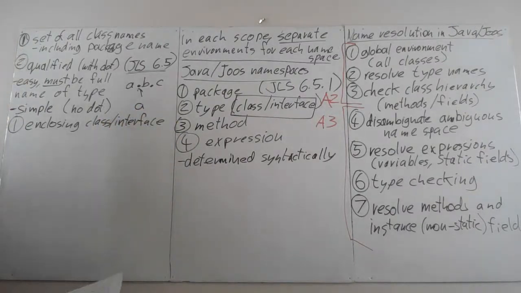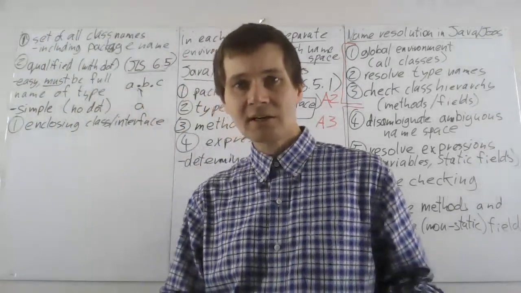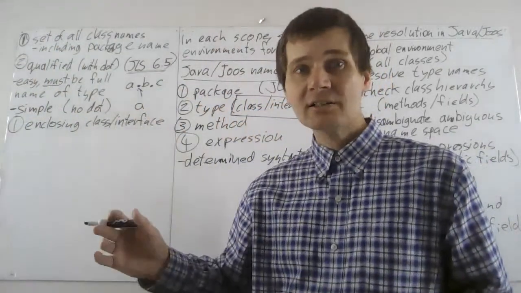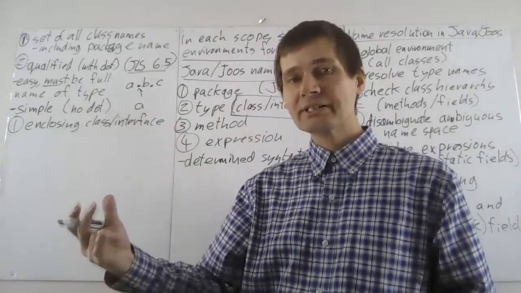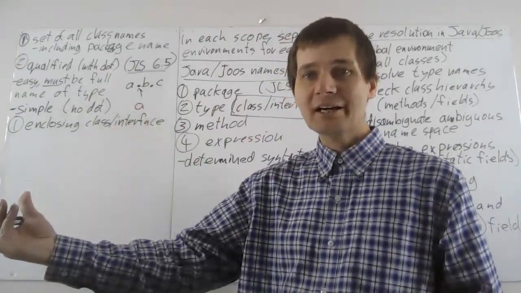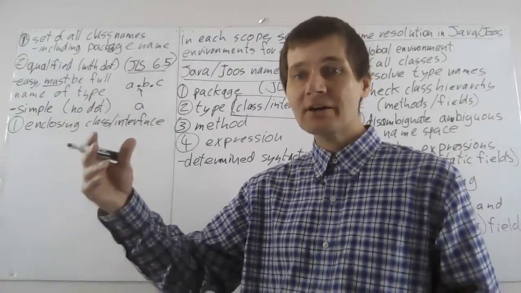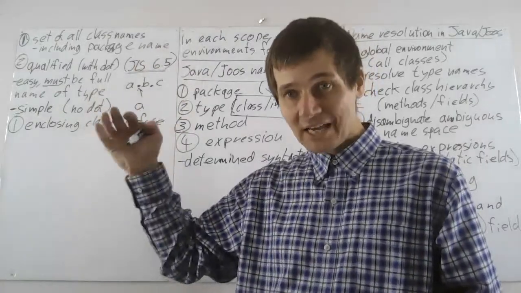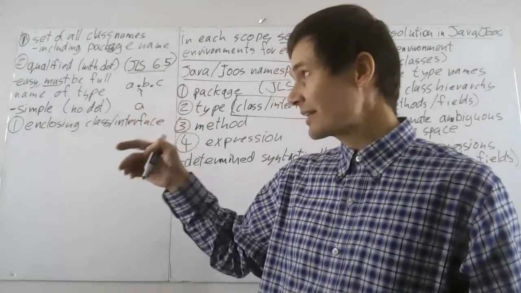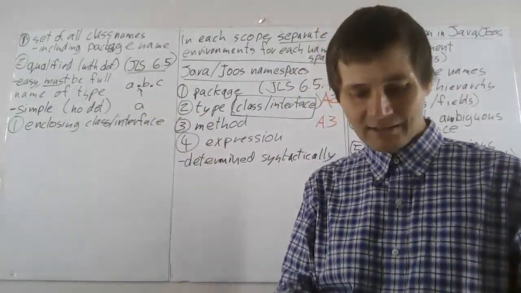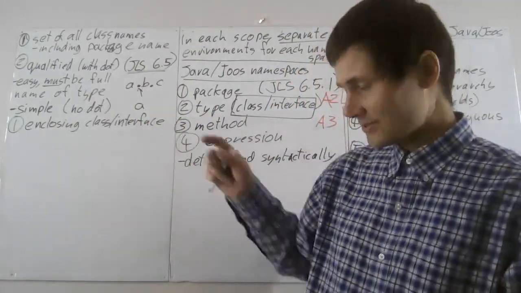Let's say I see the expression new A. The first thing I do is check whether that expression new A appears within a class named A. And if it does, then that A refers to exactly that class. And that's step 1.